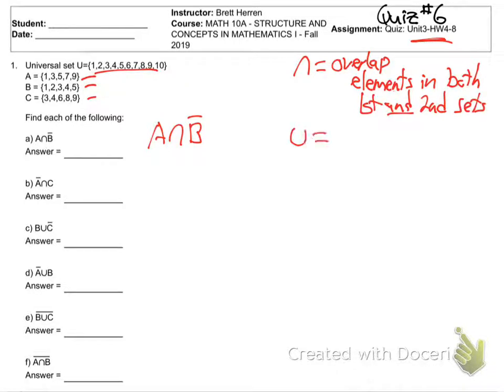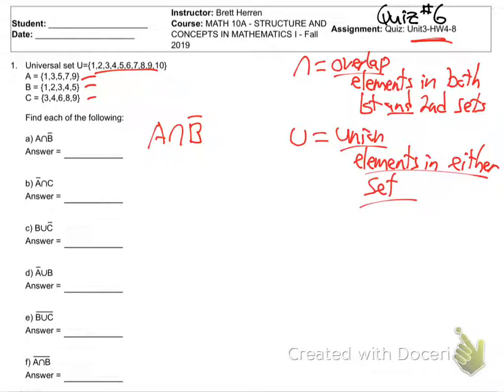Whereas the U means union, and that means the elements in the first, let's just say either one, in either set. Okay, so that's what those symbols mean.